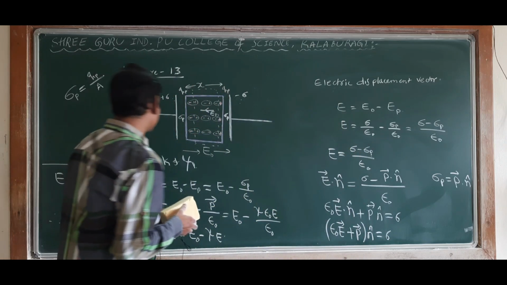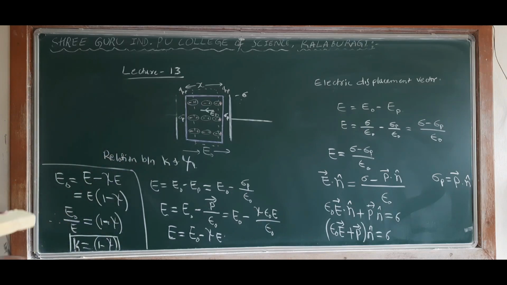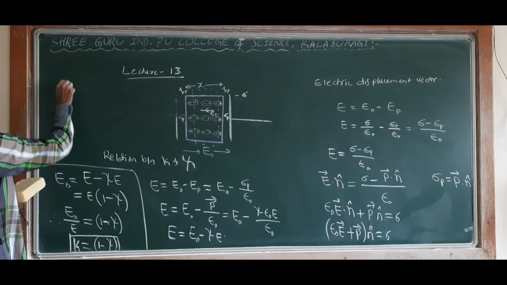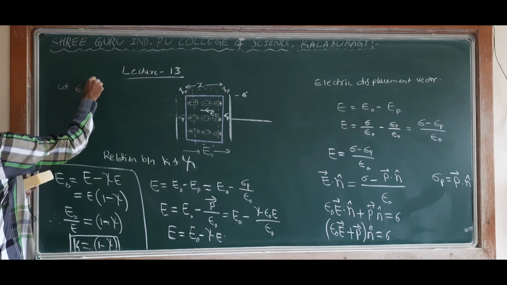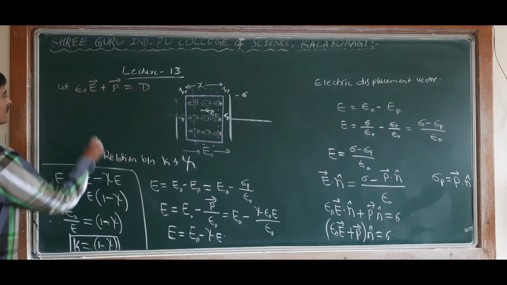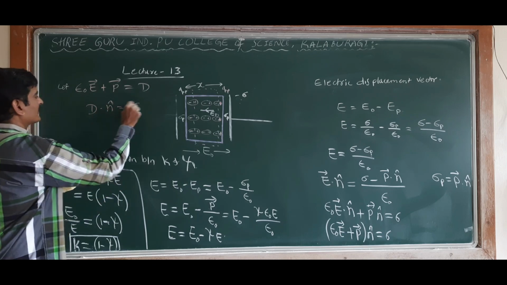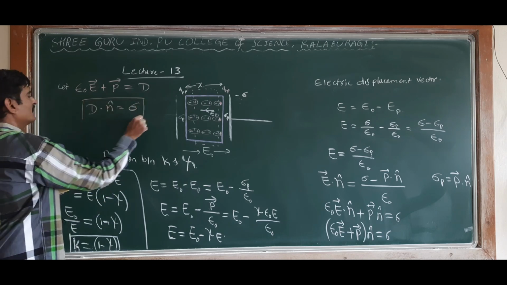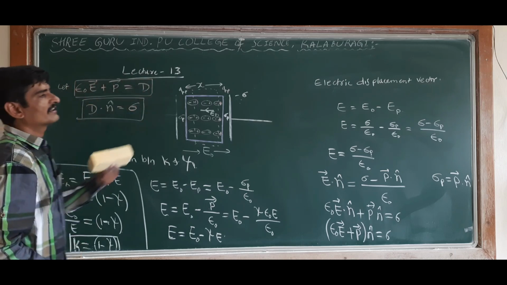Let epsilon naught vector E plus vector P be equal to D. Therefore you can write D dot n cap is equal to sigma, where this D is called the electrical displacement vector.